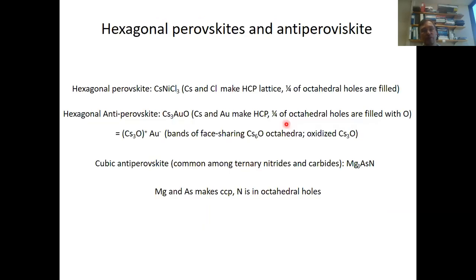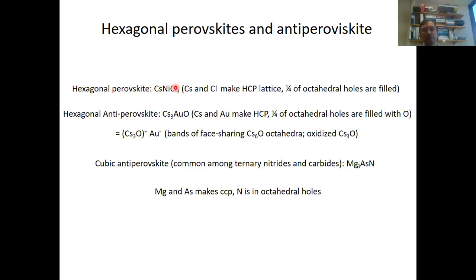Now, in addition to the regular cubic perovskite, we can also have hexagonal perovskites and so-called antiperovskites. So what is meant by hexagonal perovskite? An example for that is cesium nickel trichloride.